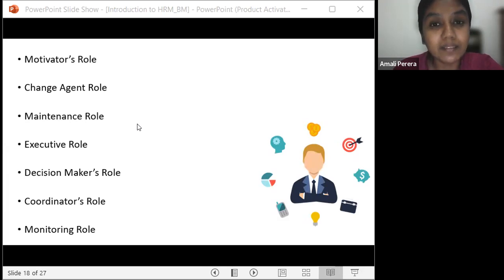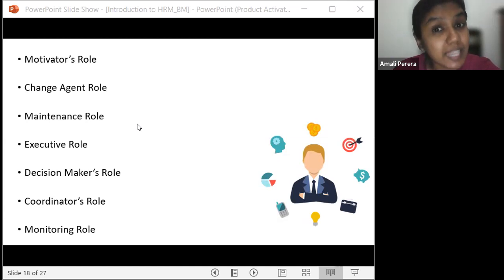So when the HR manager does that role, we would say that he is performing the maintenance role. So maybe introducing rewards management or career planning, development programs, all these policies and procedures have to be maintained properly. So that is an ultimate role of a human resource manager. That's why we would say he's performing the maintenance role.